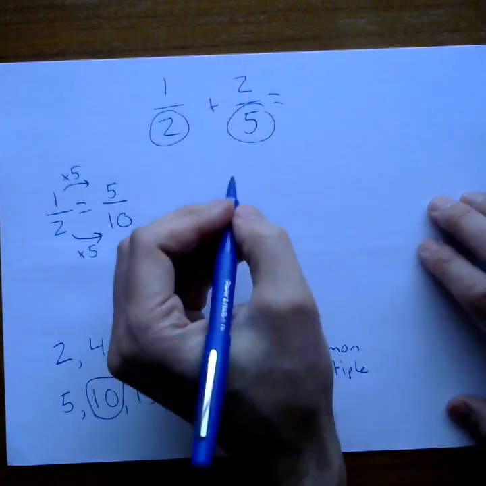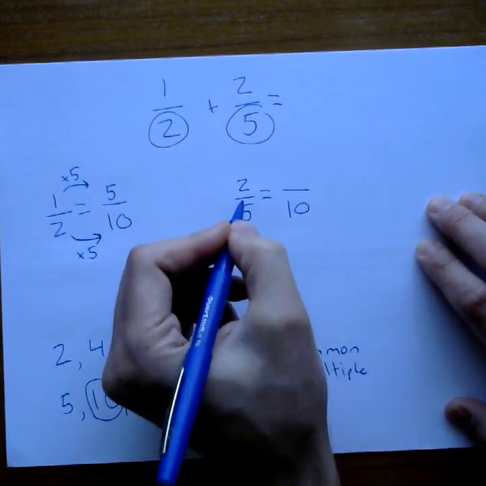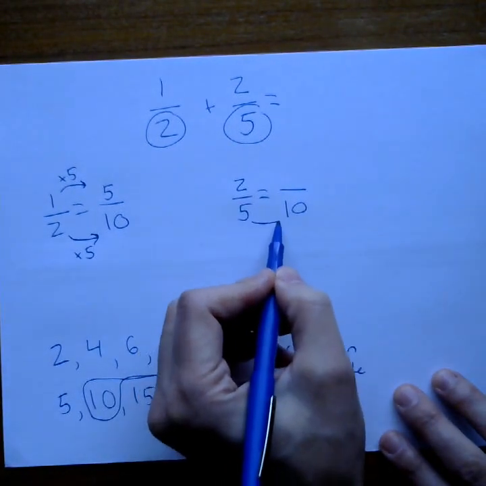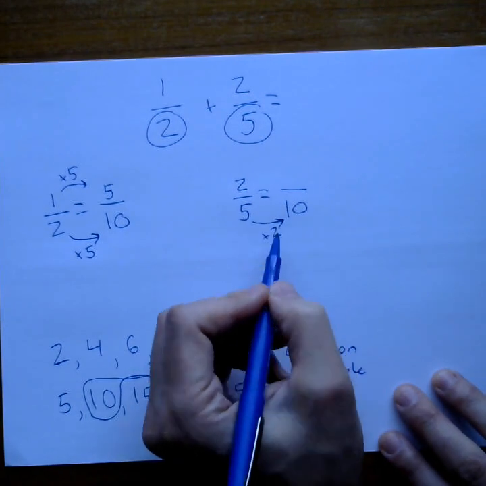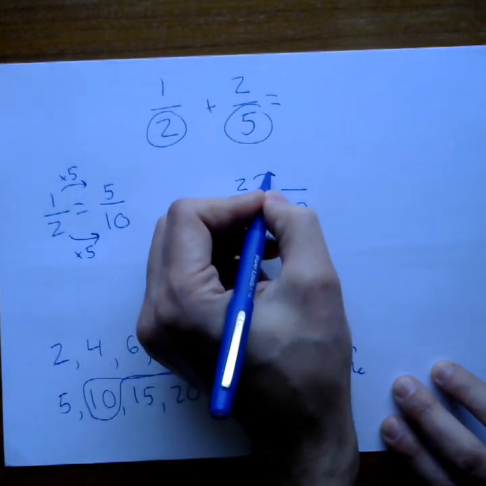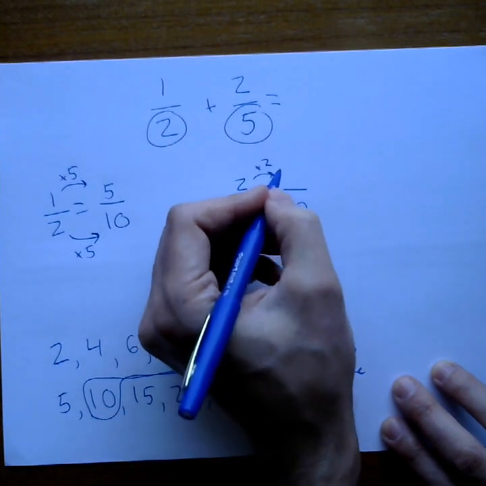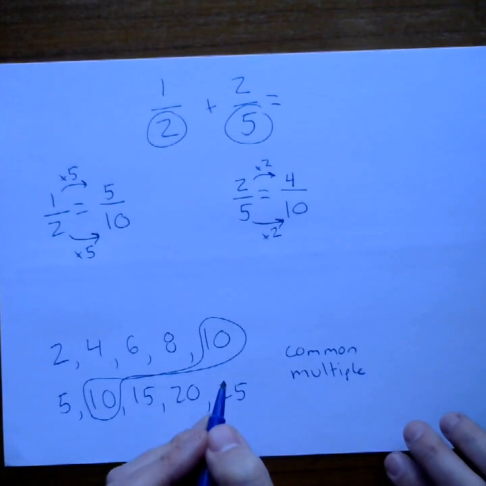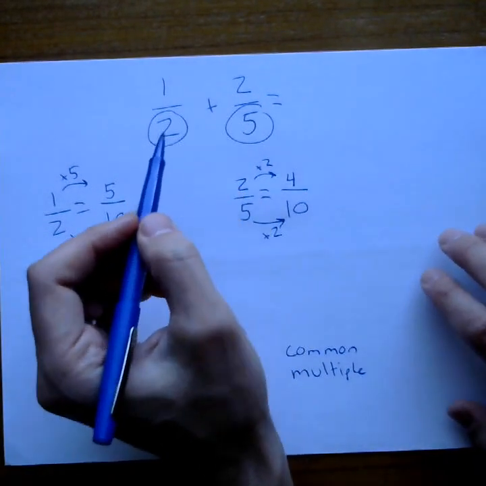So now let's do the same thing to 2/5. How many tenths is 2/5 equal to? Well, 10 is 2 times 5, so tenths are twice as small as fifths, so we need to take 2 times as many pieces to have an equivalent amount. 2/5 is the same as 4 tenths. So now we can rewrite this equation.